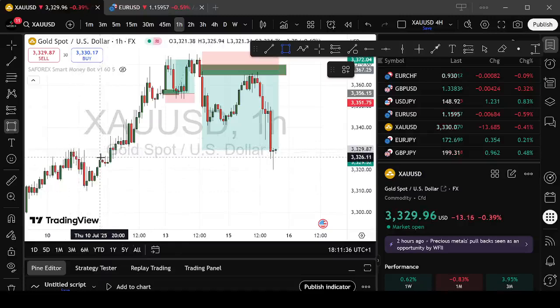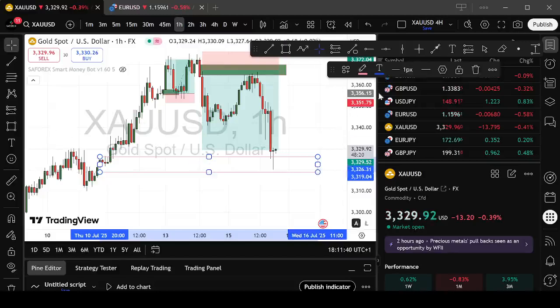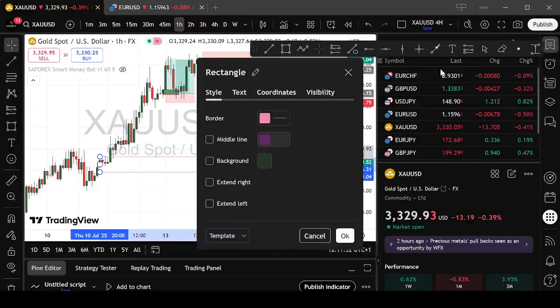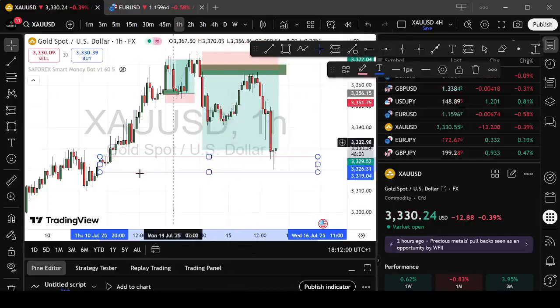After we've marked out a zone like this, the market comes into the zone and just taps in, and we move on and on like that. So the market just comes to the zone and taps in.